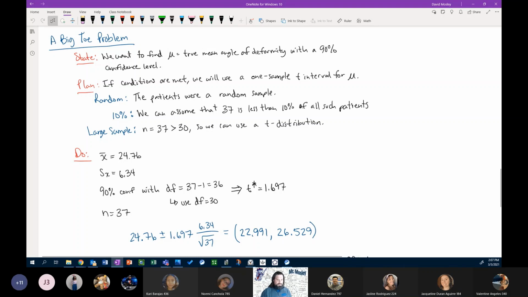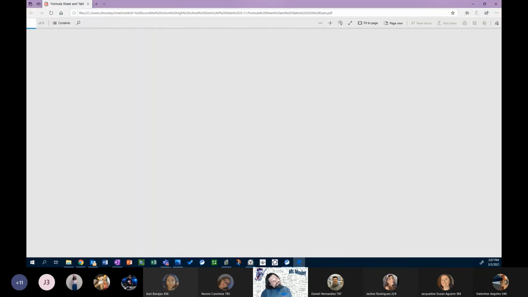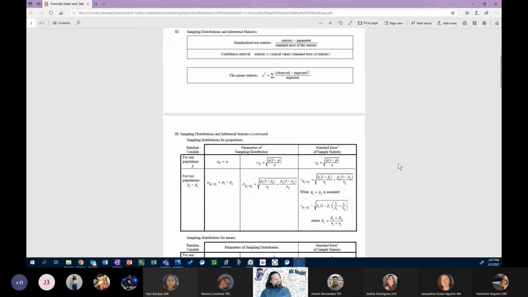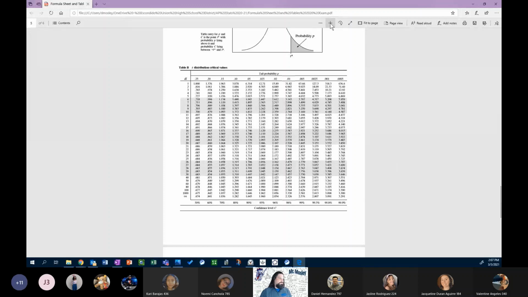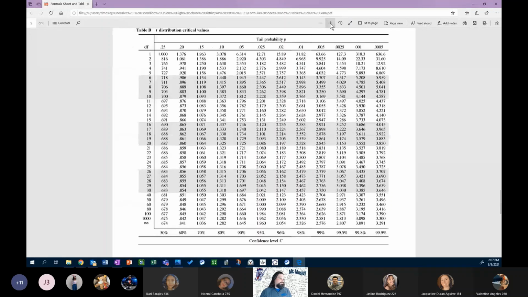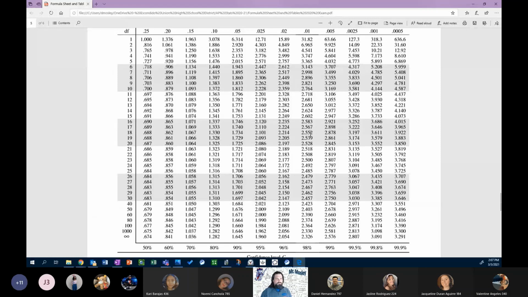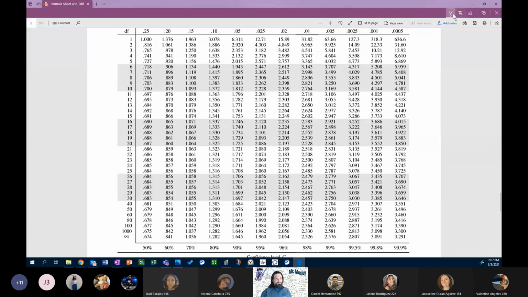Let me get my table B. Right, here is table B. And we have 36 as the degrees of freedom, right? 36 does not exist on here.